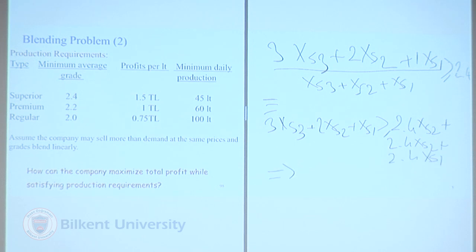And this is equivalent to, let's do the syntax and write it in the correct form, 0.6xS3. I'm subtracting, so minus 0.4xS2 minus 1.4xS1 is at least 0, right?